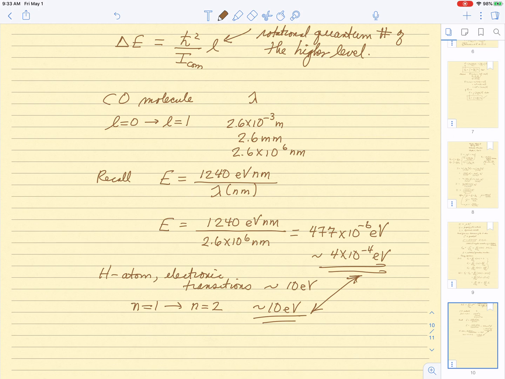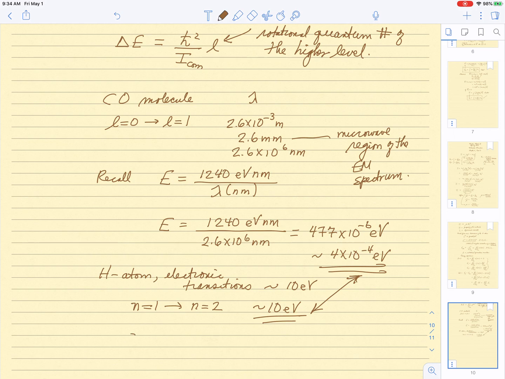So these are really small energy levels, and these actually are in the microwave region of the electromagnetic spectrum. Okay, and so again, you should have a good grounding of the electromagnetic spectrum, which we've talked about much earlier in the year.